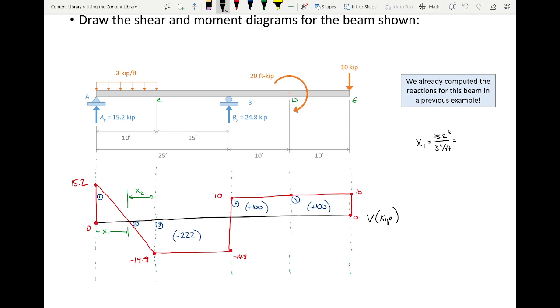And so that ends up being like 5.067, and that ends up being something like 4.933. Did I get that right? Yeah. Okay.